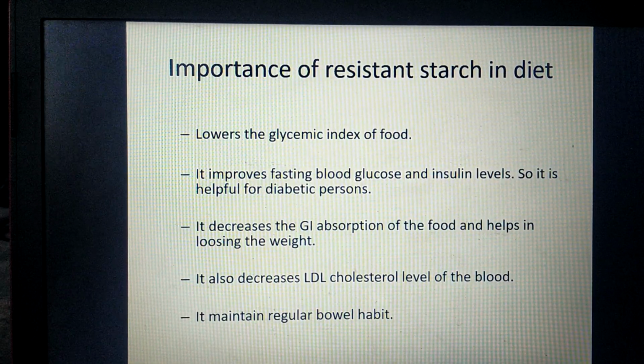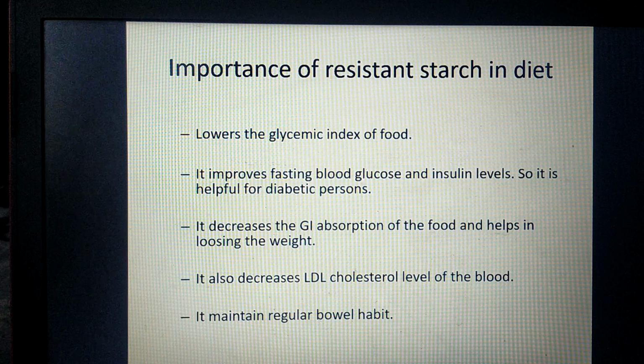Now, the importance or benefits of resistant starch in the diet. It lowers the glycemic index of the food. Glycemic index means after taking a particular food item, how much the blood glucose level is increased. That is roughly called glycemic index.